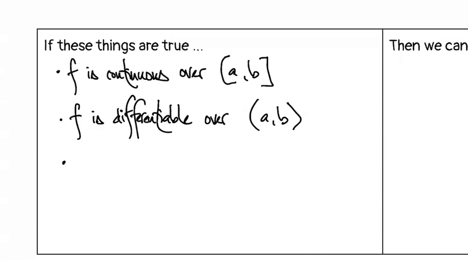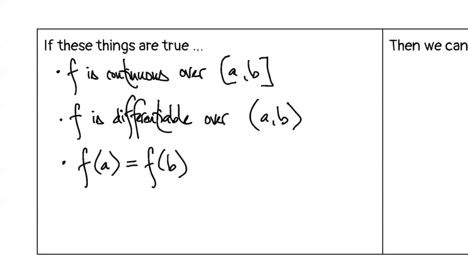The third thing that has to be true is the pattern that you all noticed as soon as Luca asked that question, what is that horizontal line on the bottom? And here's the third piece, the third clue you need to look for. f of a, the y value at one end, is equal to the y value at the other end.